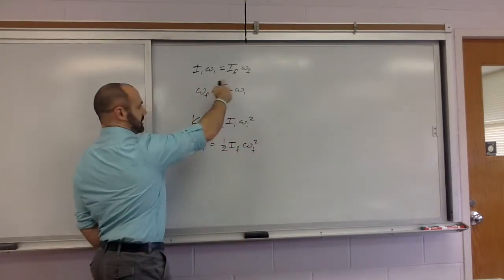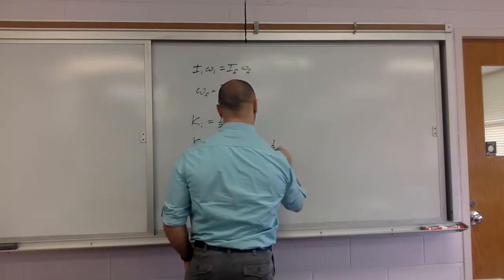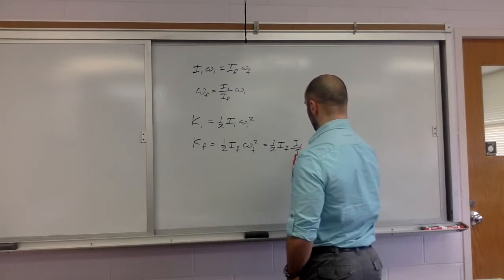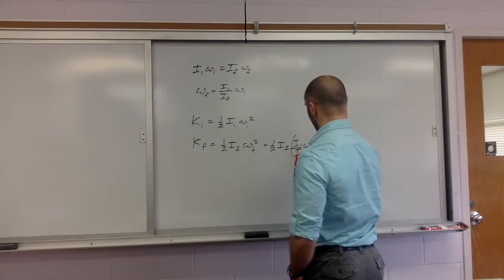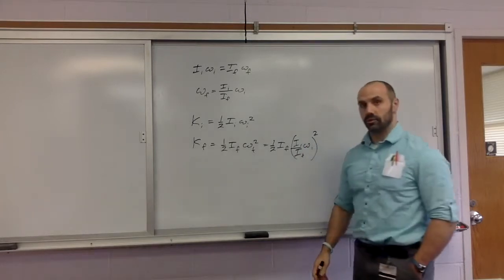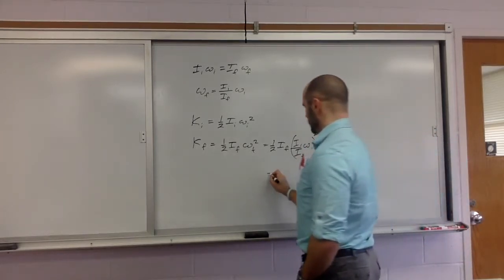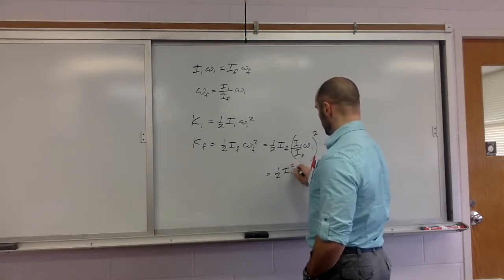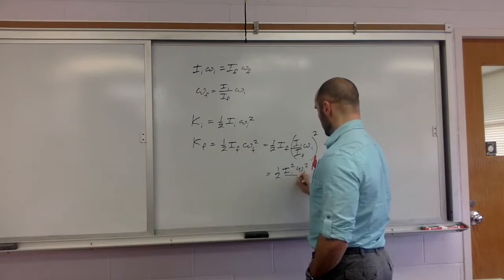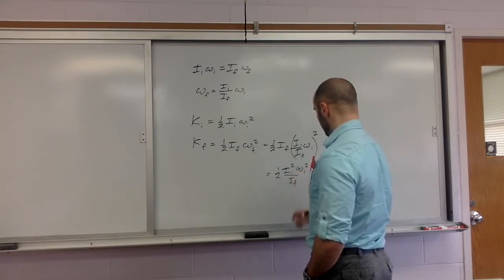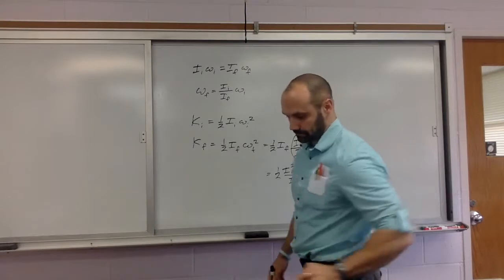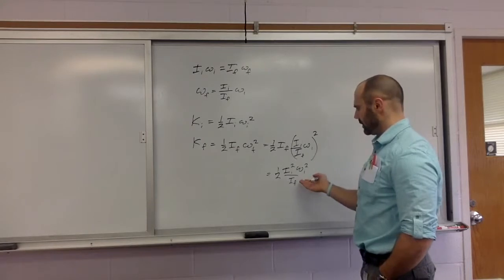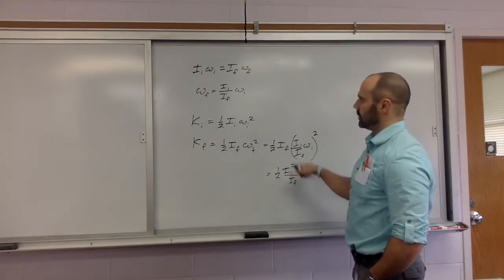But omega f is this, so we have 1/2 If and then I over If omega I, this whole thing squared. Okay, what happens here? We end up with 1/2 I initial squared omega initial squared over If. And we have more kinetic energy than what we had before.